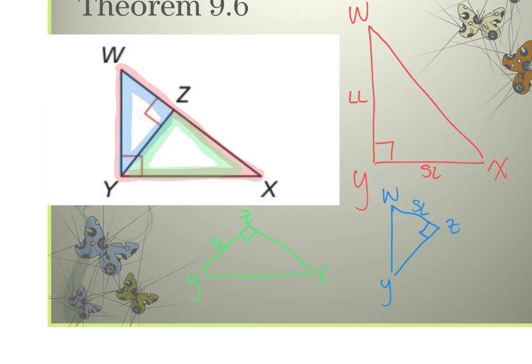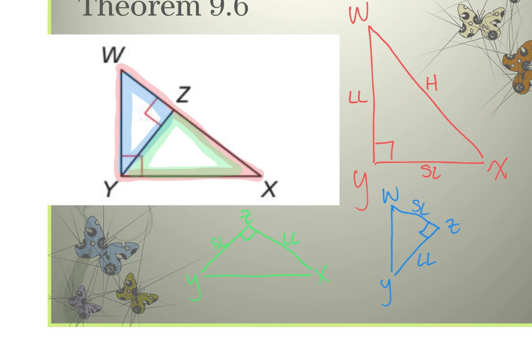YZ. And what's the long leg of the green one? ZX. And then let's finally label our hypotenuse. What's the hypotenuse of the red one? Emma? WX. Good. Just label it H. Hypotenuse of the blue triangle?